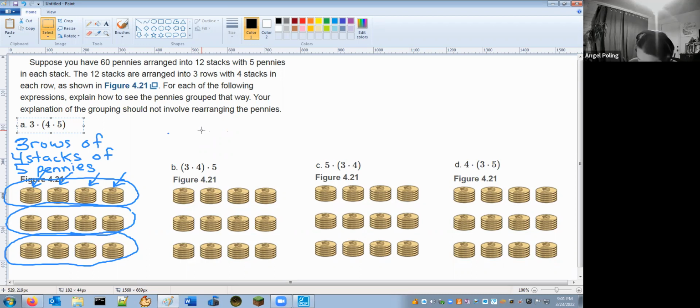Okay, in the next one, B, we have 12 groups of 5 to start with. So to get us started, we need 12 groups of 5. The 5 is going to be the pennies in each. So this time around, our 12 groups are the stacks themselves, right?